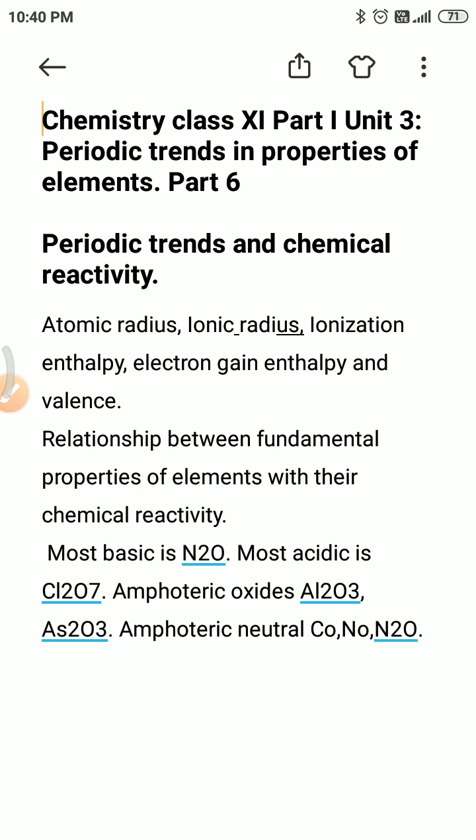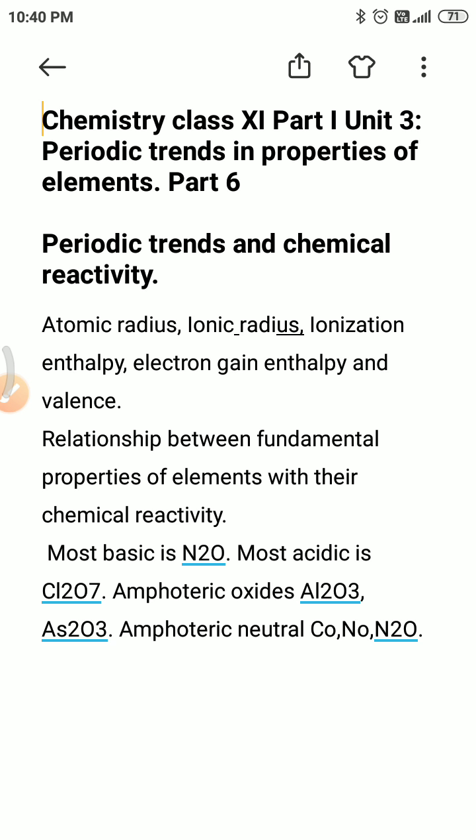The normal oxide formed by the element on the extreme left is the most basic. For example, Na2O is the most basic normal oxide. Whereas that formed by the element on the extreme right is the most acidic one, Cl2O7.